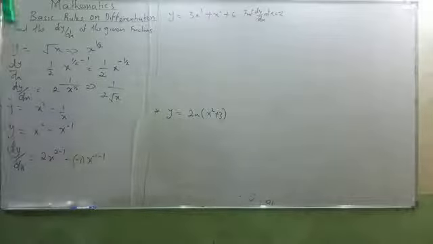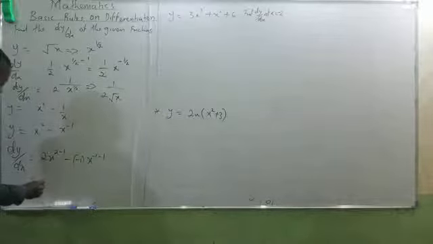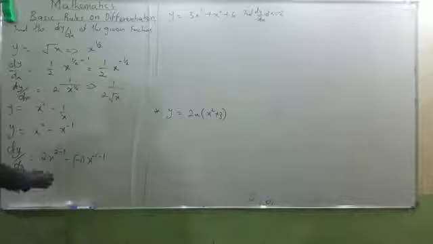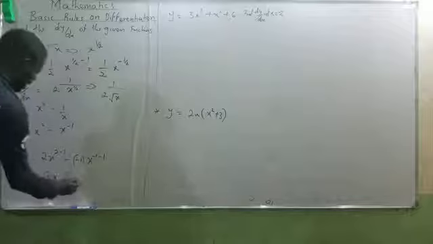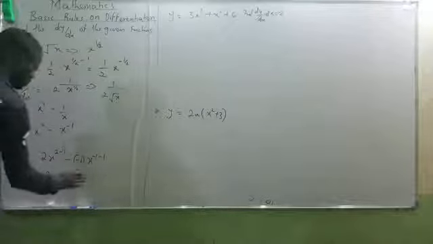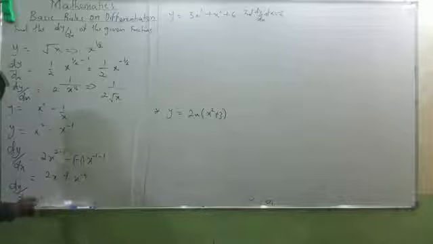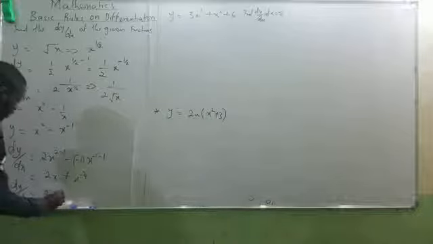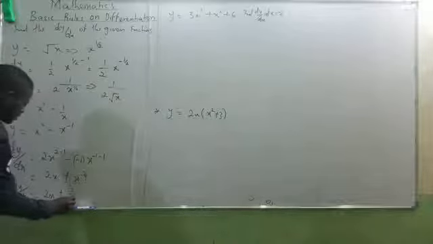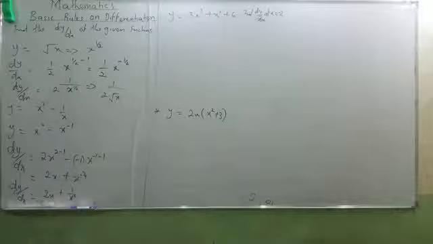Please take note of that. Which I will be having 2x plus x raised to the power minus 2, which means dy/dx will be equal to 2x plus 1 over x squared. That is all.